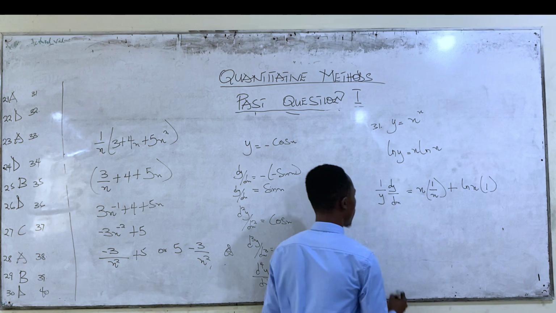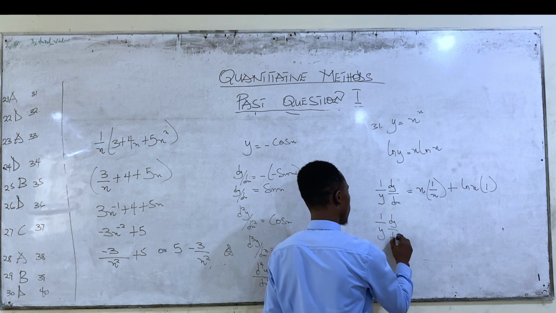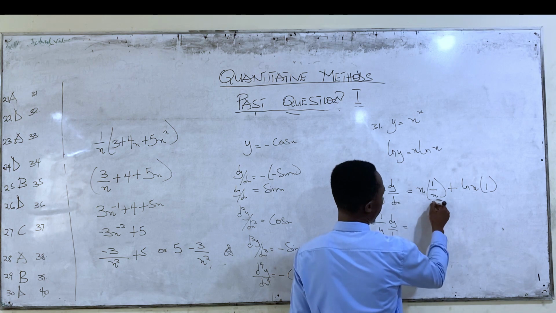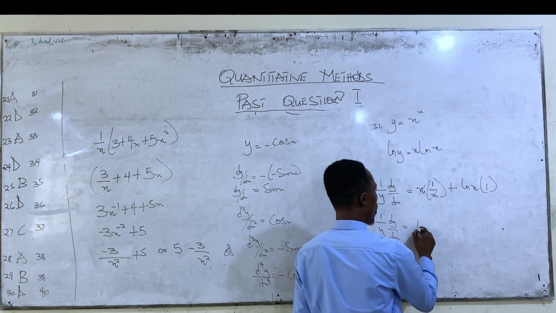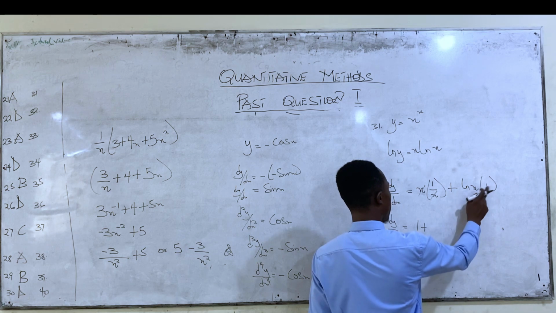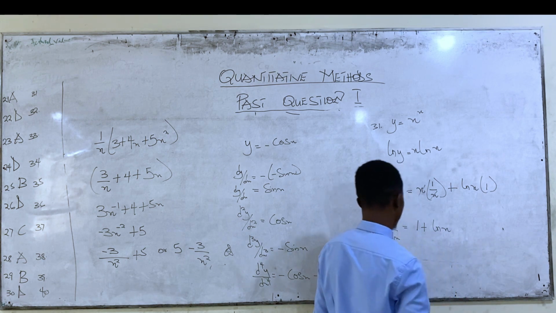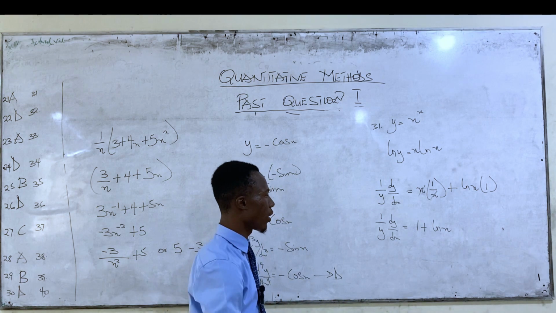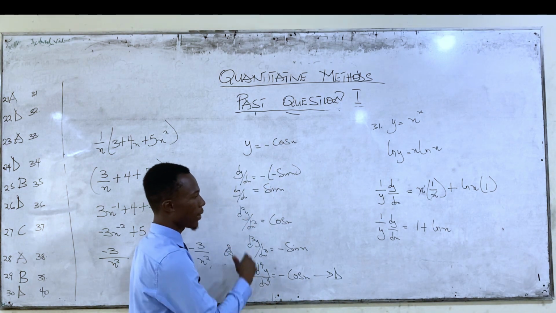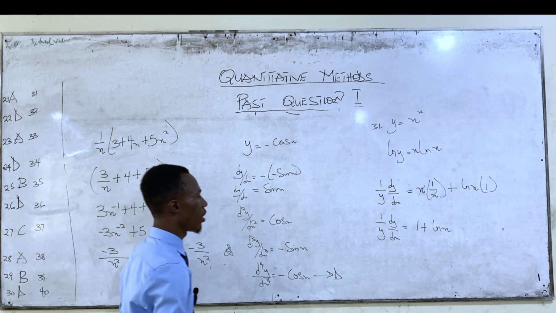So we have 1 over y dy/dx equal to, this x will cancel out this 1 over x, so you have 1 plus ln x times 1, which is the same as ln x. I hope that is good. Here we are just going to multiply both sides by y so that we can eliminate the y there.